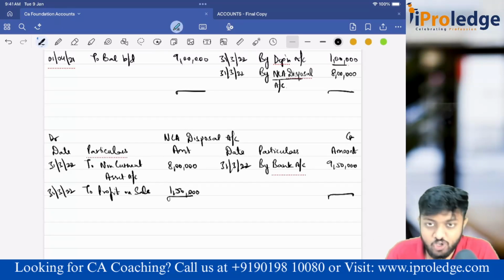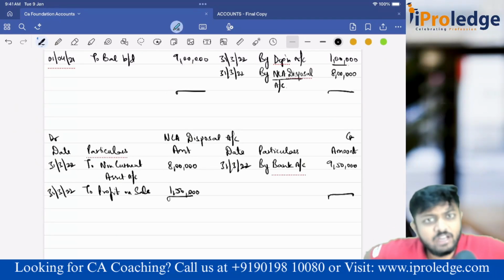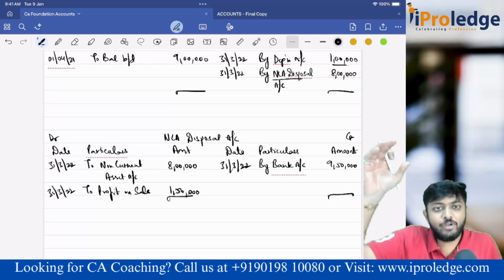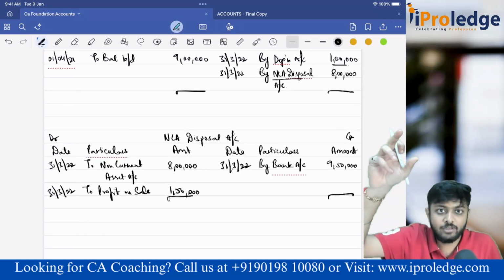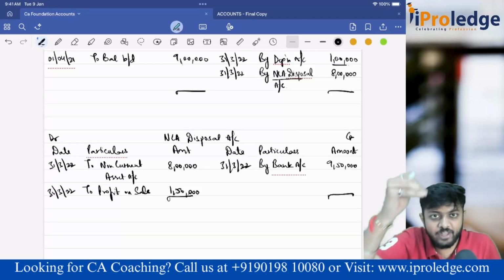See, that's all. What did I do? I created one more account called the NCA disposal account. Money received, I have recorded in NCA disposal only. Whatever relevant information was there in the NCA account, the carrying value, how much was the carrying value? Cost minus depreciation till date, 8 lakhs.